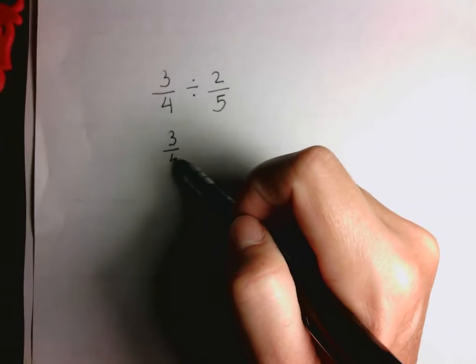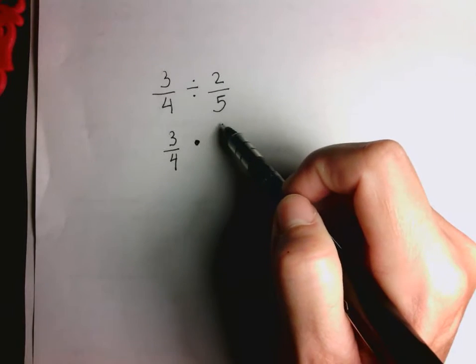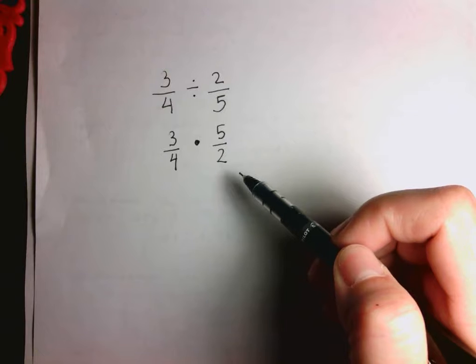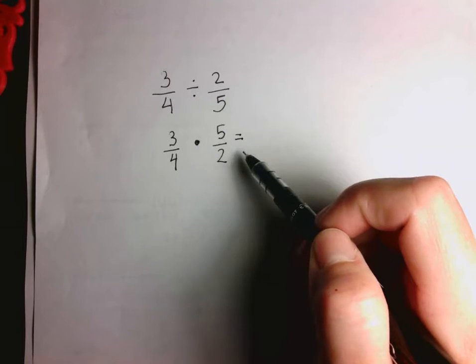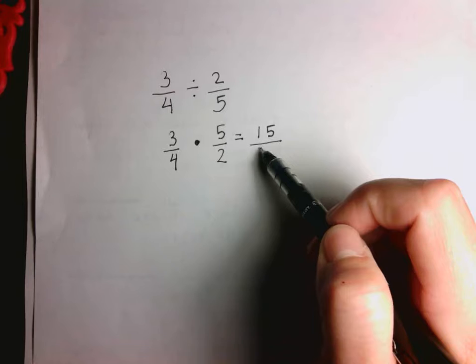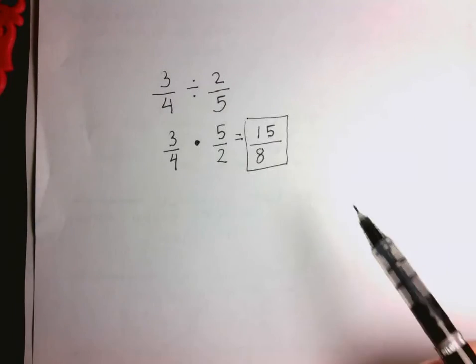You change the division to multiplication, and you flip the last fraction. So you multiply by the reciprocal. When dividing fractions, you multiply by the reciprocal. And then you cross-reduce if possible, which here you cannot, so my answer will be in lowest form. And you just multiply straight across.